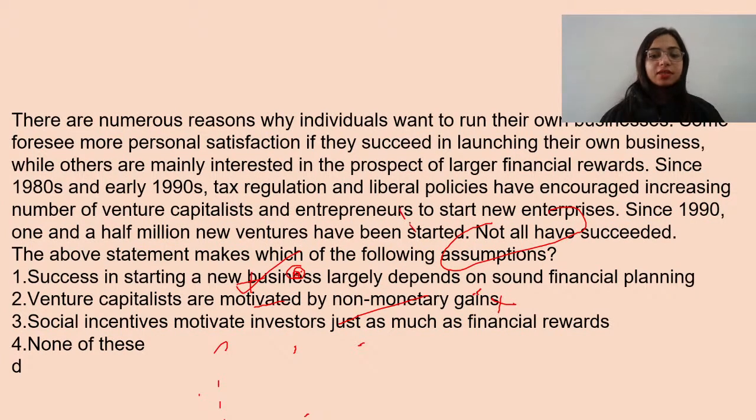They already said that some have financial rewards, others have personal satisfaction, but they all are motivated. And even if they're not motivated by money, that does not mean that their venture will fail. Even for personal satisfaction, success of the venture is required. So it's not one, it's not two.